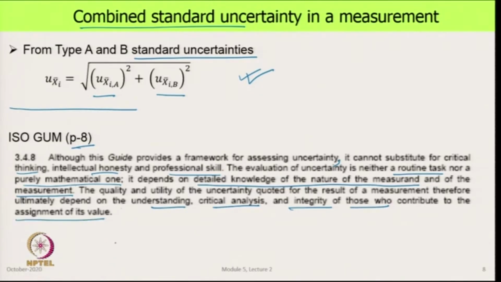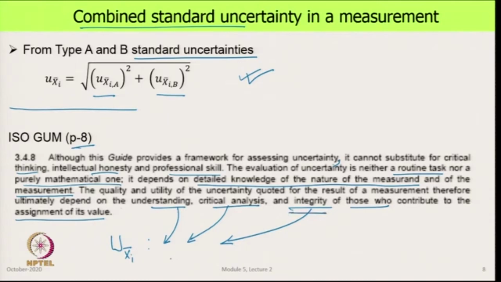So, after all this calculation, when we do get u xi, although it came out through a very involved mathematical exercise, as it says here, this is ultimately coming from an understanding, a critical analysis, and integrity of the people who report it. So, it is not something which is very, very rigidly fixed in some sense.